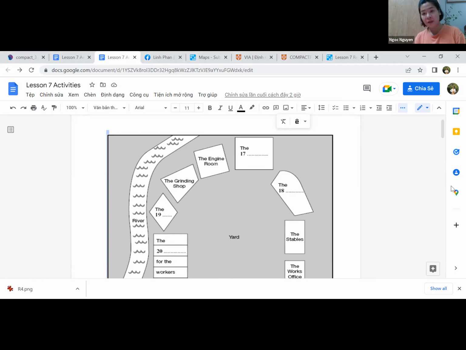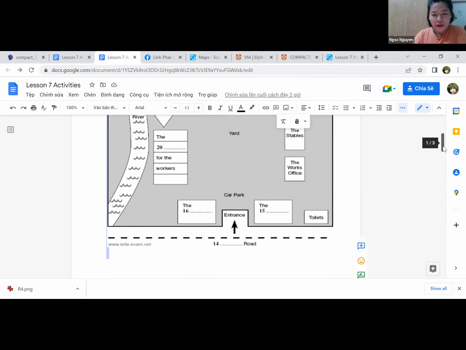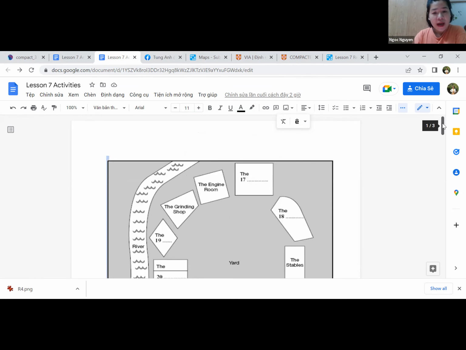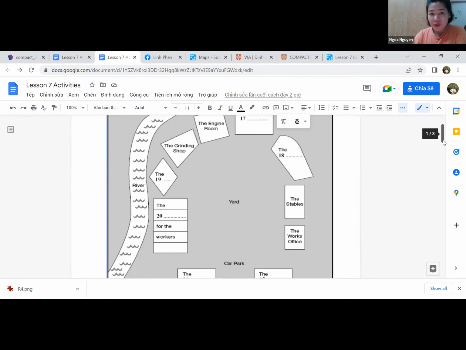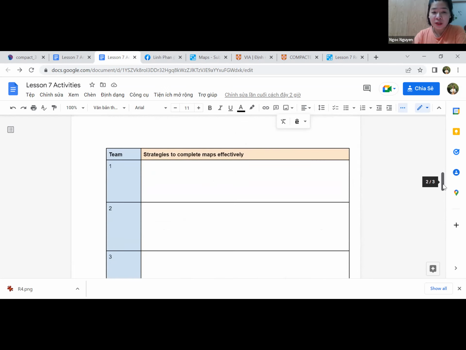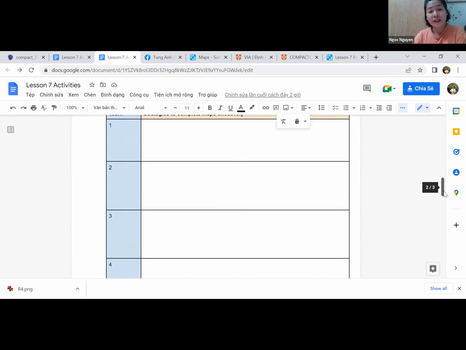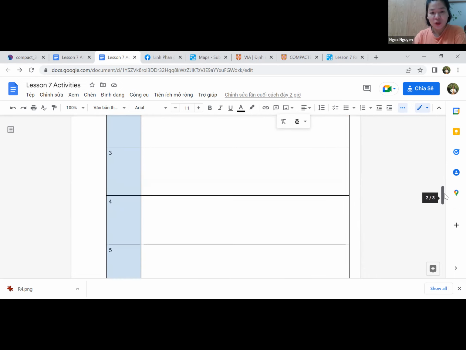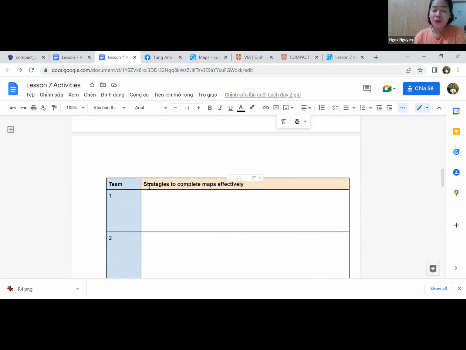And sometimes IELTS reuses the materials from IELTS Cambridge books too. So you see here, this is a map taken from Cambridge number 5 or 4, I suppose. And here on the first page, and when you scroll down, move to the second page, you will see different teams, 6 or 7. And then you will also see the task.